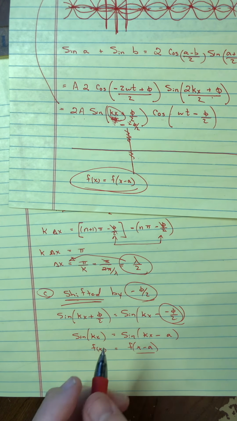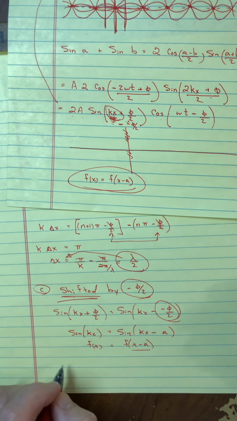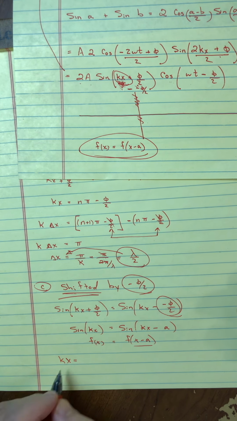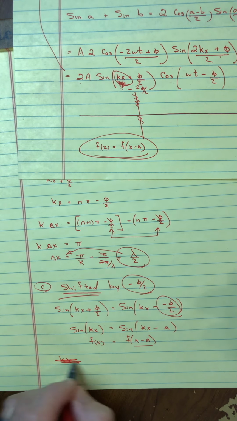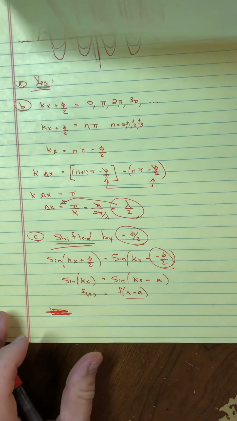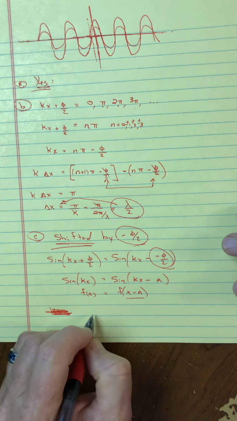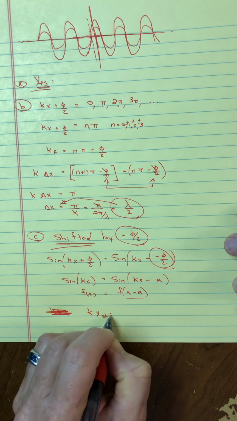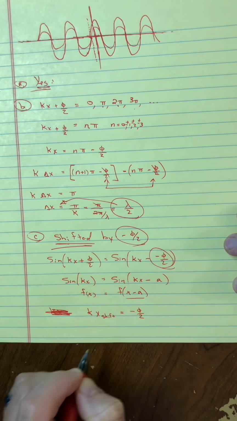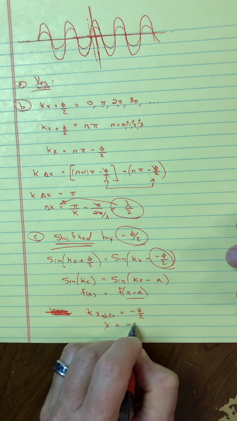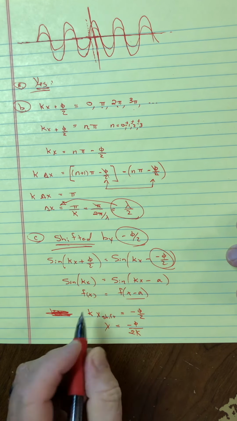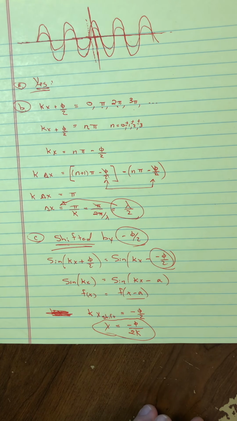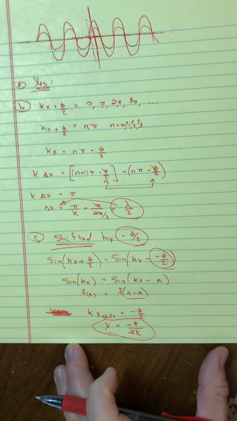So let me say it this way: the k times the x shifted would be negative phi over 2. So the amount of x of the shift would be minus phi over 2k. And so how far on the x-axis might be a better way to answer this. How far did it shift on the x-axis?